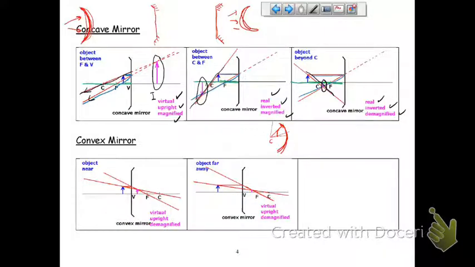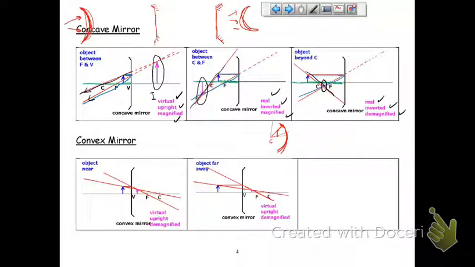So we're back, and we spent some time drawing out a couple of diagrams, one for the concave mirror and one for the convex mirror. What we found out was, the more carefully we draw our diagram, the better our results turn out.